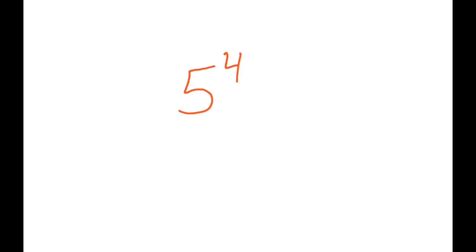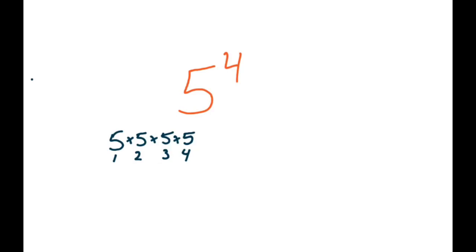But what happens when we have repeated multiplication or repeated division? Let's just talk about repeated multiplication for the moment. So let's say we have 5 times 5 times 5 times 5. Well, that can get a little redundant to write all of those out, but as you can see, I have 1, 2, 3, 4, so I have 4 5s here.